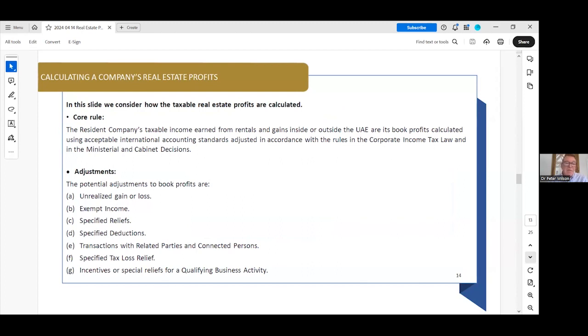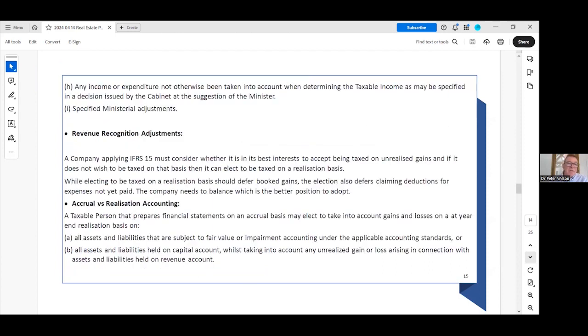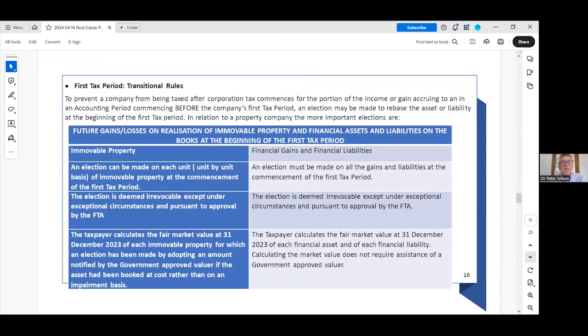And some of the adjustments I put down there are unrealized gains and losses, exempt income, and all those sorts of things, transactions with related parties. What I want to focus on, though, is not so much the revenue recognition adjustments and the accrual adjustments, but I want to focus on the transitional issues.